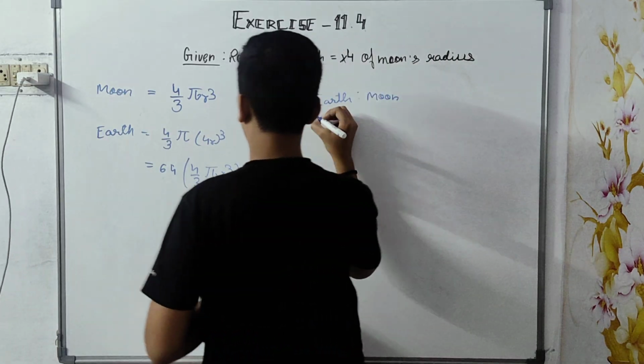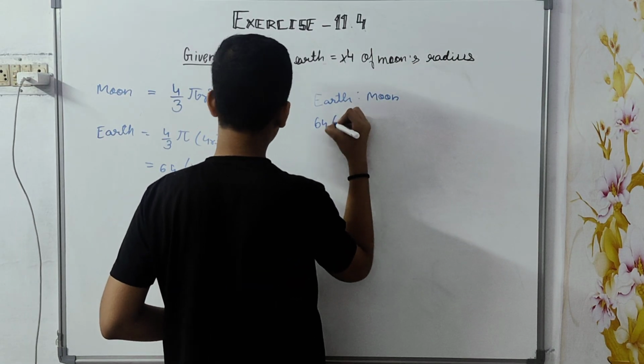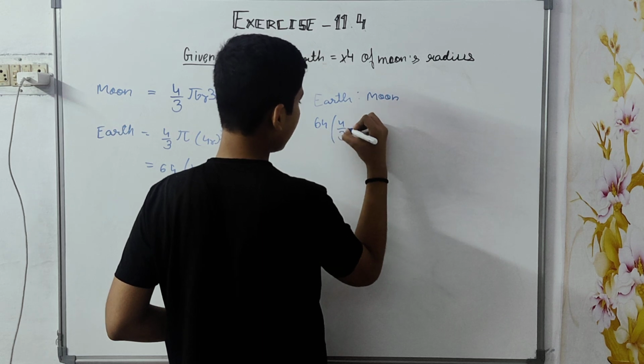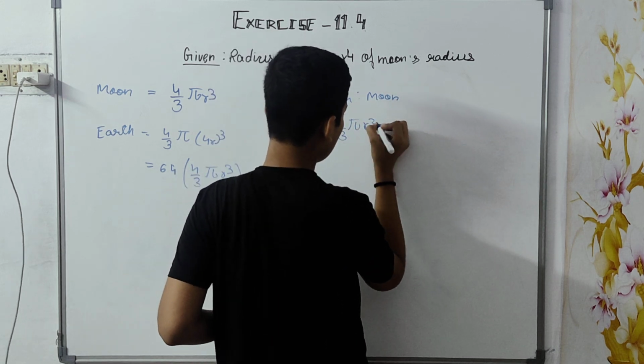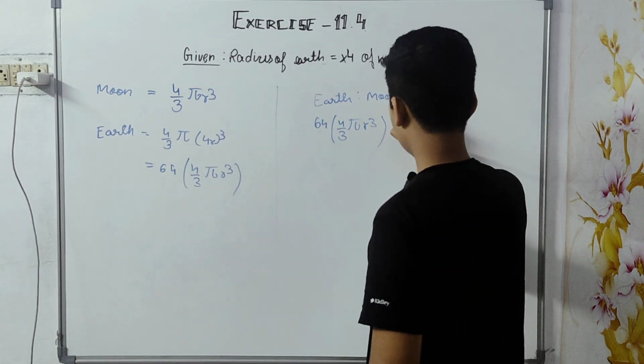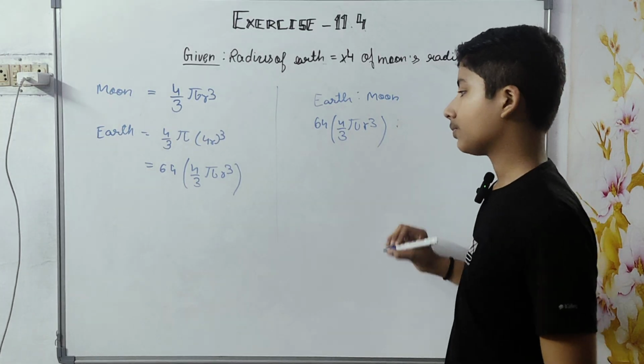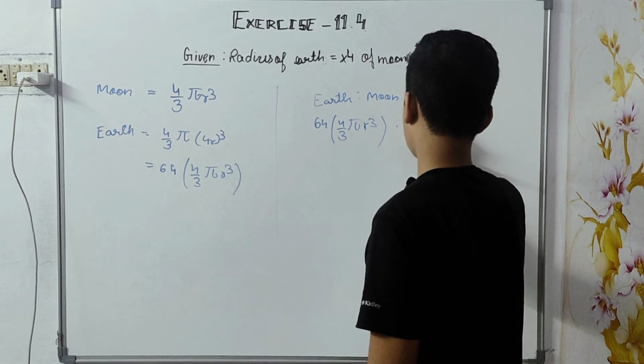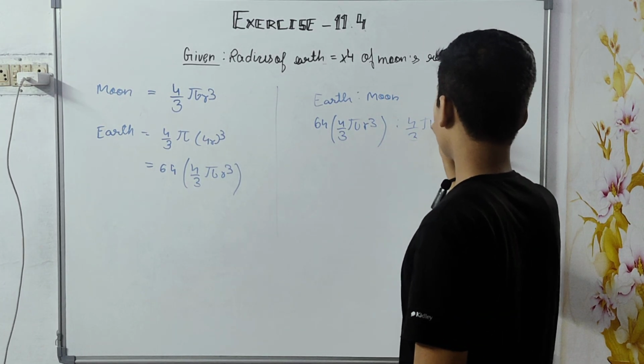Now Earth's volume is 64 times 4 by 3 pi r cube, is to Moon's 4 by 3 pi r cube.